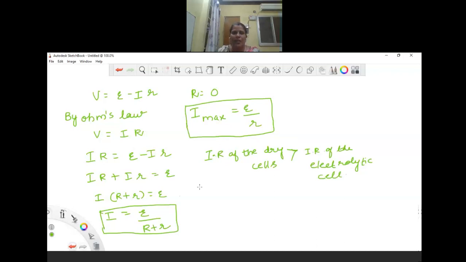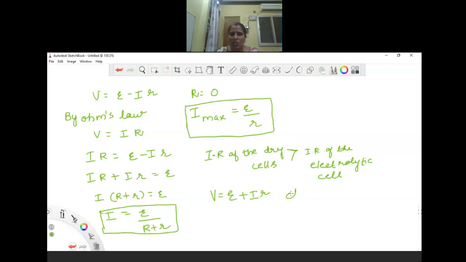And one more thing I want to explain here, whether this EMF will always be greater than the potential difference. Actually, we know that the cell can be either charged or discharged. So what is the potential difference when the cell is being charged? When we charge the cell, the potential difference is equal to EMF plus Ir.